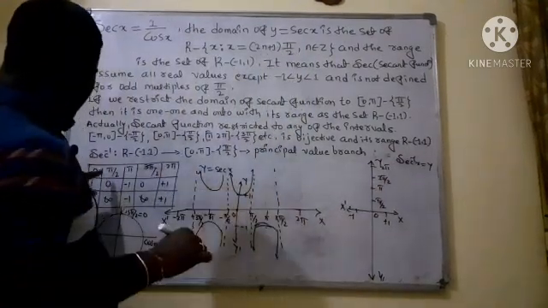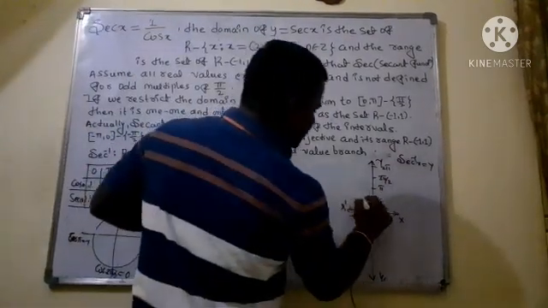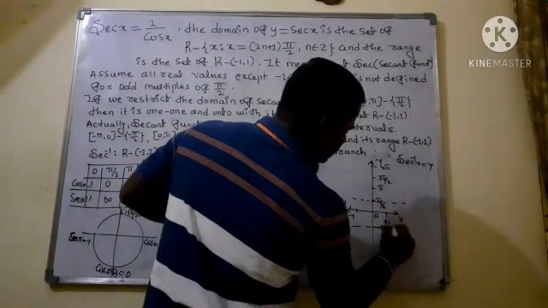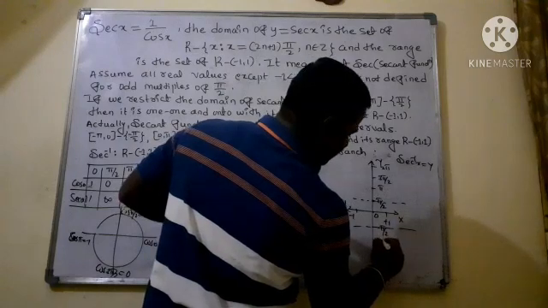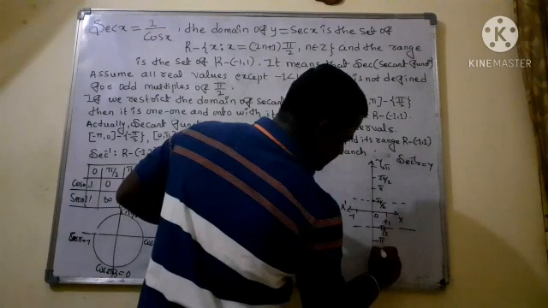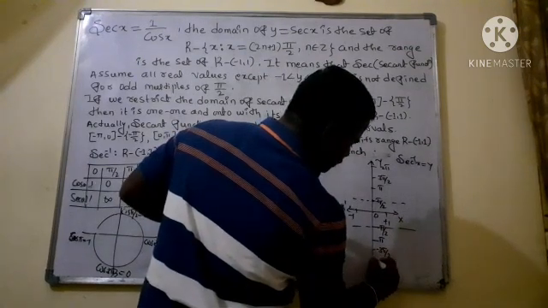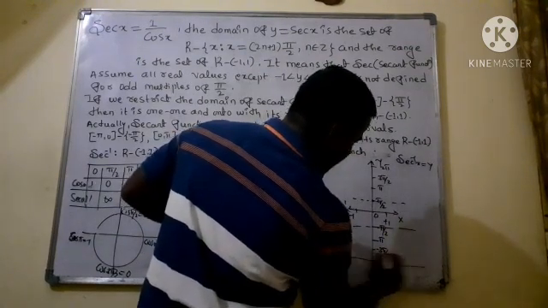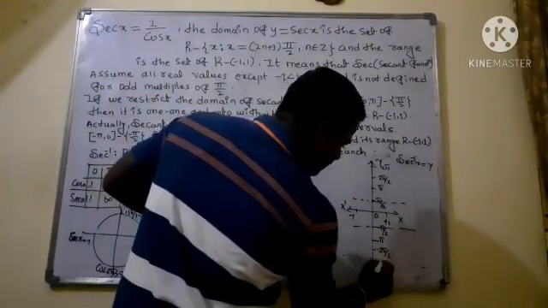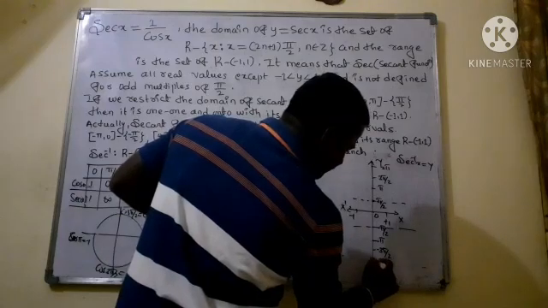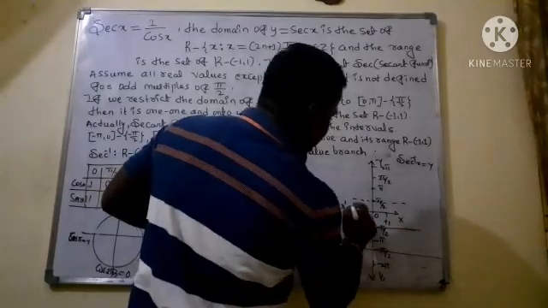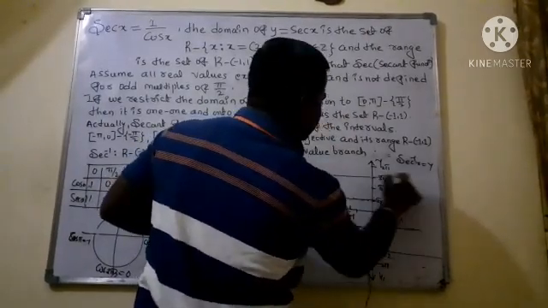So where the point is infinity, look at this one. Shall I take a graph, here also minus pi by 2. So here pi, right, here minus 3 pi by 2, here 2 pi. This is the point minus 2 pi.